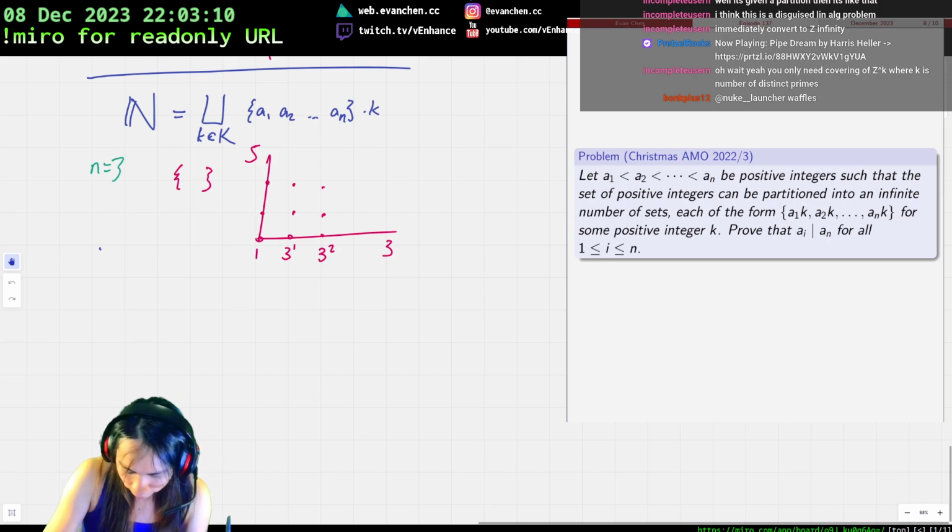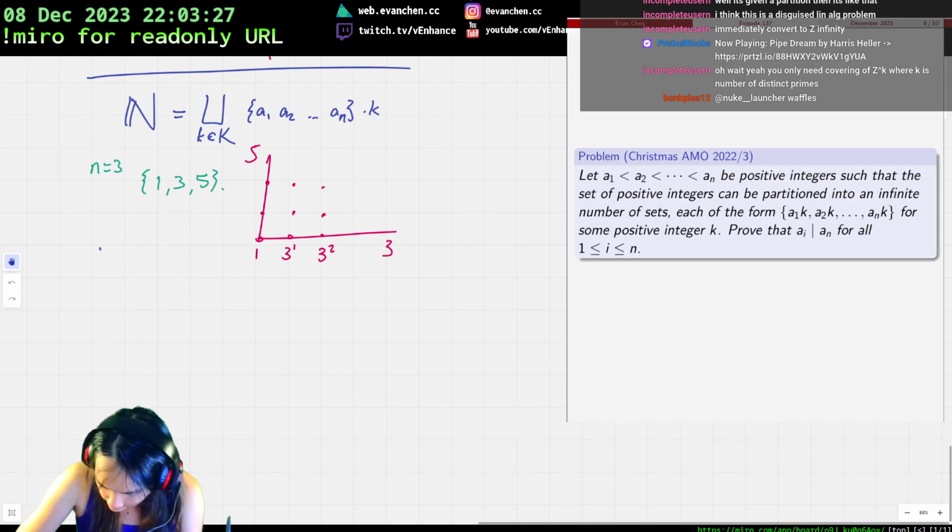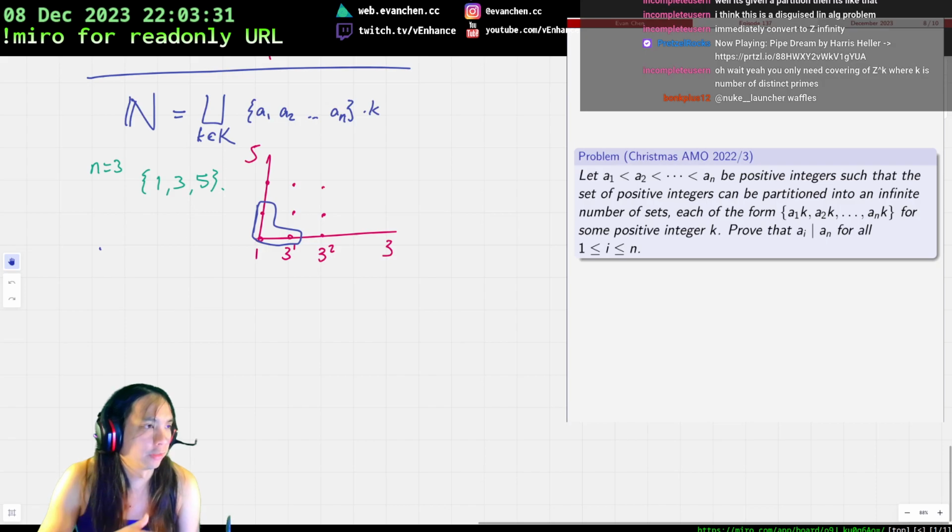So we'll do 3, and for the first example I want to draw, something like 1, 3, 5 here. Then the question is basically, why can't I partition the set of positive integers into these little L trominos?